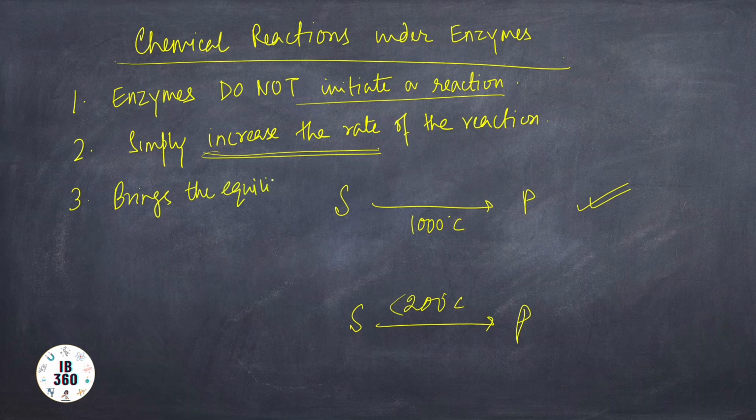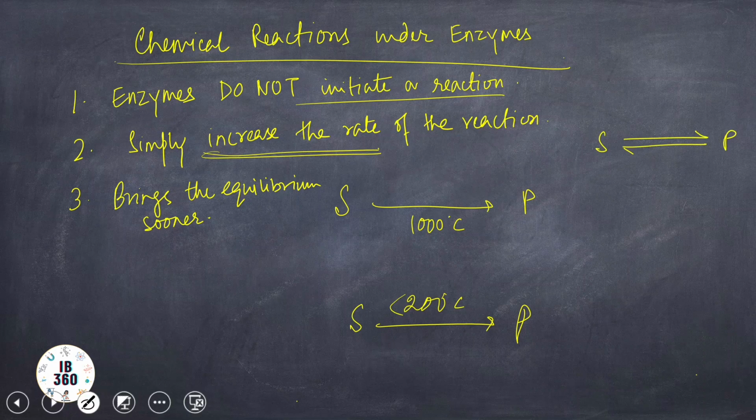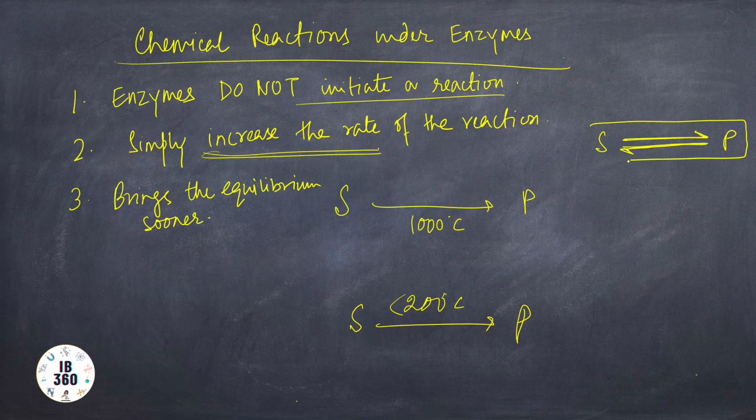We know that if a reaction is reversible, something like this, then this particular process is in a dynamic state. That means we are constantly getting product from substrate, and we are also getting substrate from product. So the reaction can move both forward and backward because it is reversible.